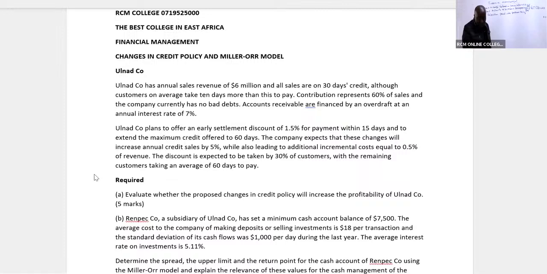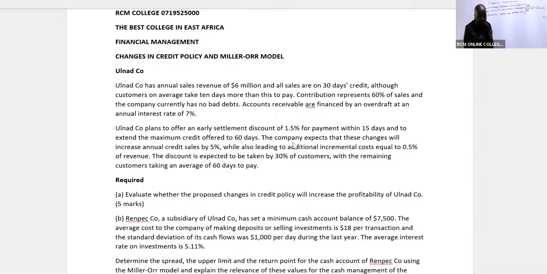Now, the company plans to offer an early settlement discount of 1.5% for payment within 15 days. We want to entice customers and to extend the maximum credit offered to 60 days.